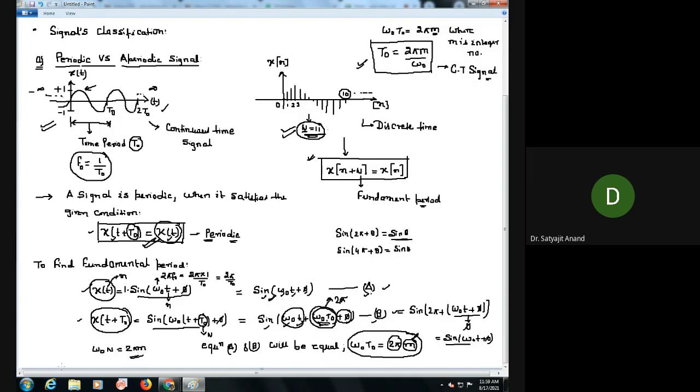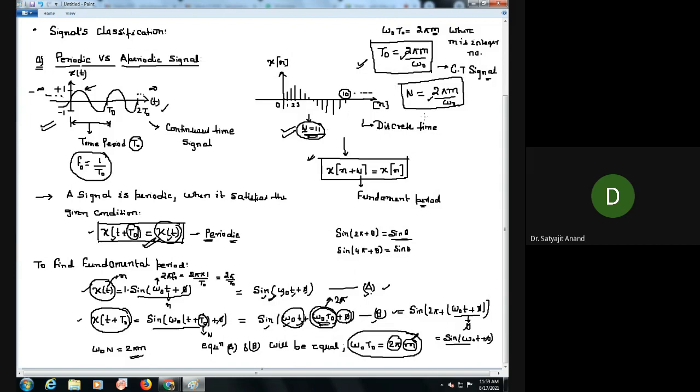That's very simple. And when we have this, what is the fundamental period for a discrete time signal? N will be equal to 2 pi m upon omega naught. Then you will say both are the same. On the right-hand side, this is 2 pi m upon omega naught, and this is also 2 pi m upon omega naught. So why do we have these two different equations? Is it necessary to write it this way?